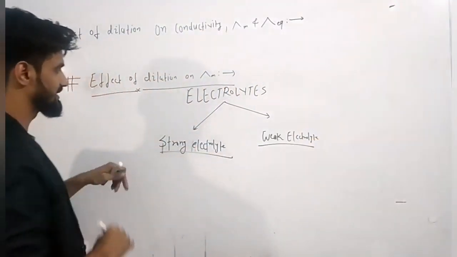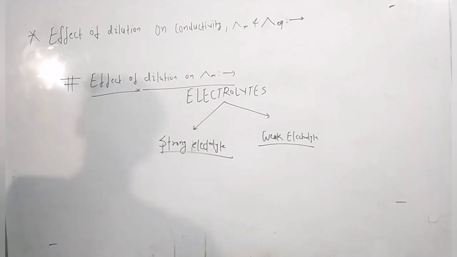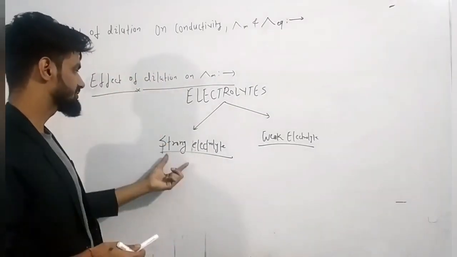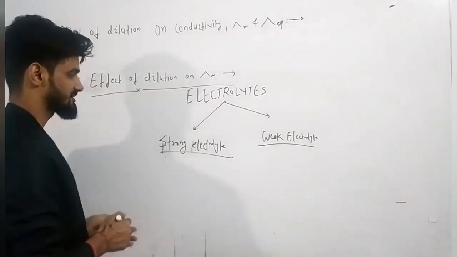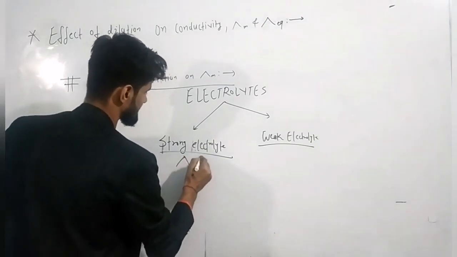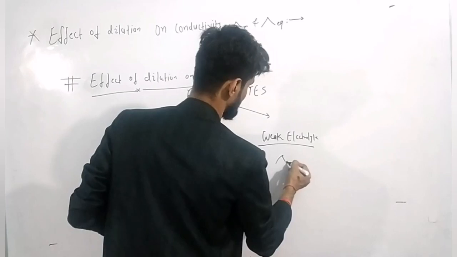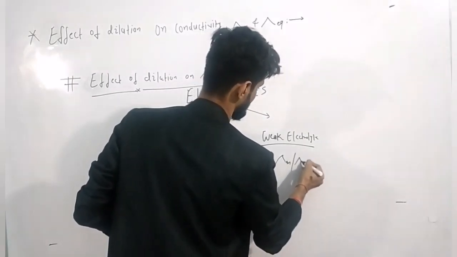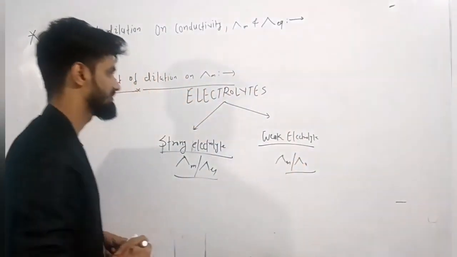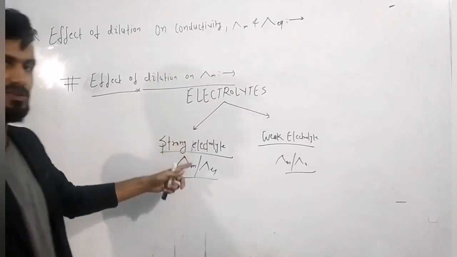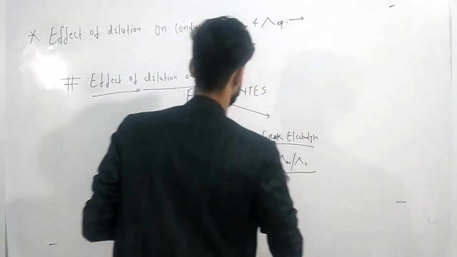Now, what will be the effect of dilution on a strong electrolyte? The molar conductance and kappa equivalent of a strong electrolyte, and for weak electrolytes, we have to study separately. These two parts we have to discuss now. First I am going to discuss the strong electrolyte.